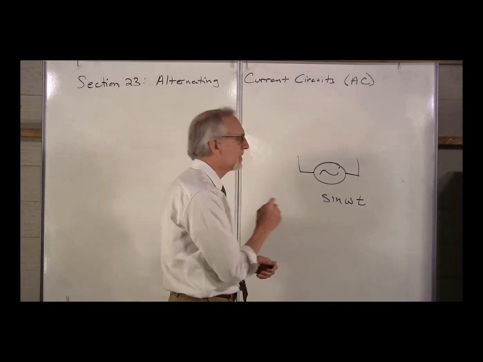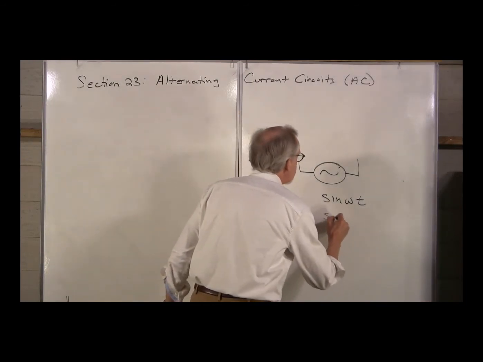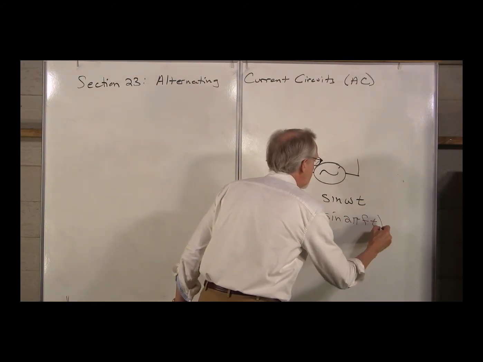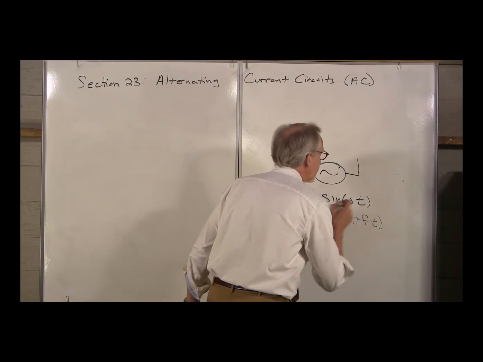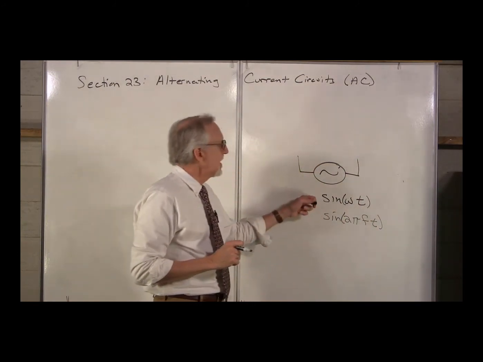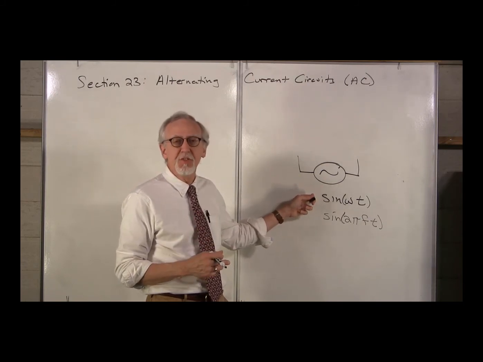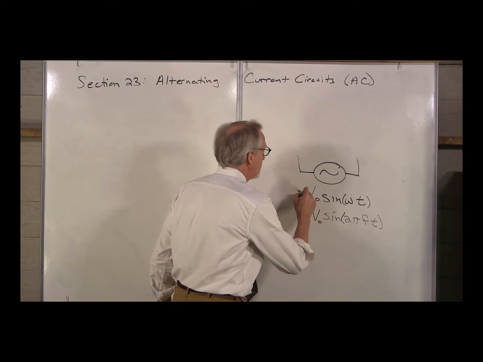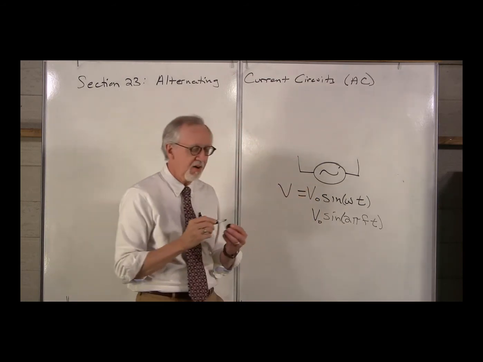So we could also write this time dependence as sine of 2 pi f times t. And all of that is in the argument of the sine, although sometimes I won't put those parentheses in there. And then there's going to be some amplitude for the voltage. We'll call it V0. So this is the form of the applied voltage.